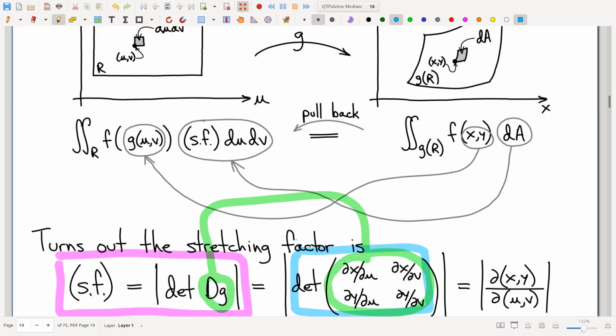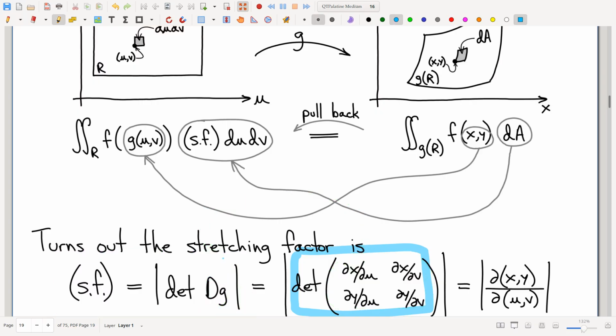Okay, one last little bit of notation. Not the matrix, not the absolute value of the determinant of the matrix, but just the determinant of the matrix itself. That determinant is sometimes written as this little fraction-looking thing, which, very importantly, is not a fraction. Look at it, here's the formula. It's a determinant. A determinant's not a fraction, it's a formula.